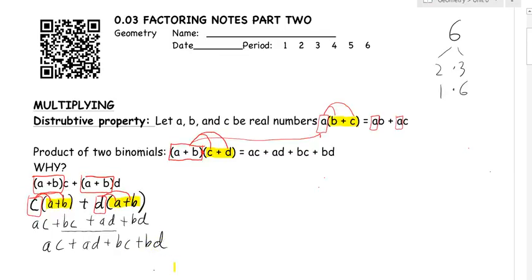All properties of multiplication and addition going on here. So that's where this product of 2 binomials comes from. It's not a magical formula. It's just using the property we already know twice.